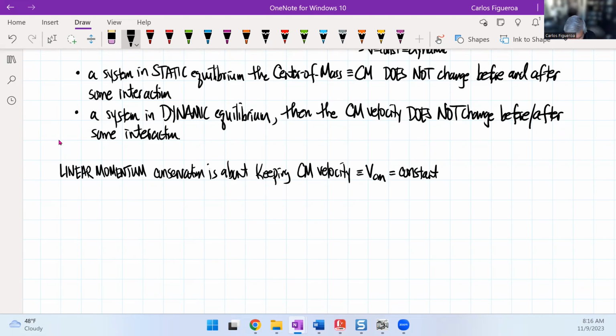Linear momentum conservation is about keeping the center of mass velocity equal to a constant.